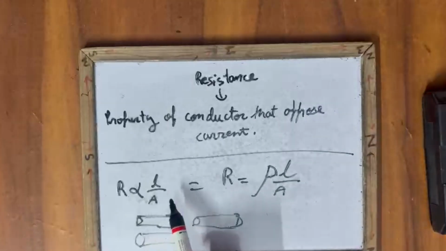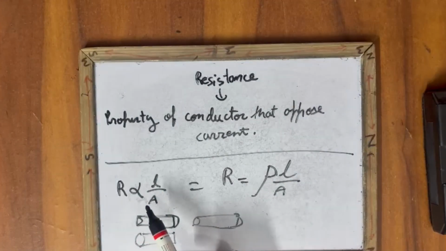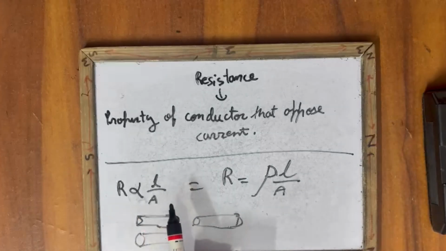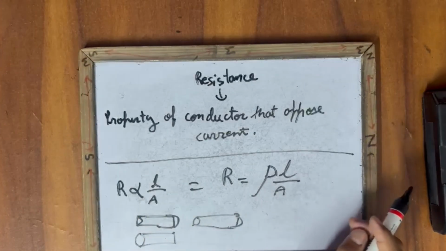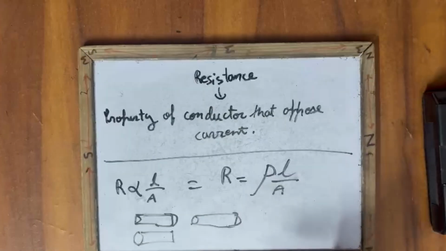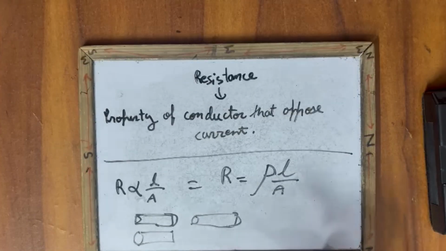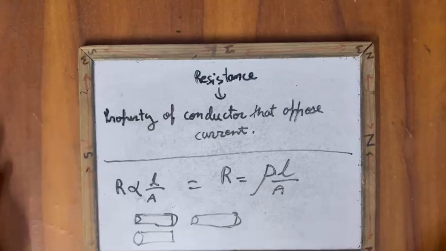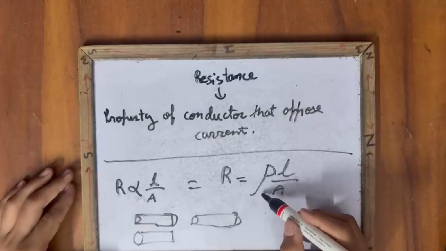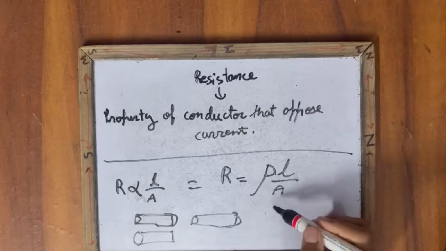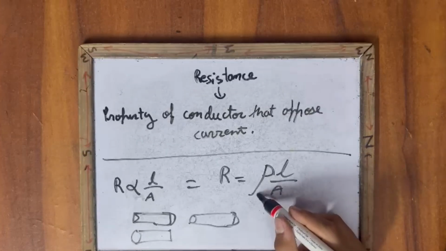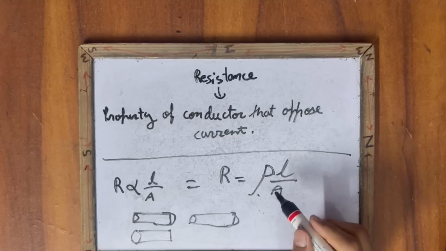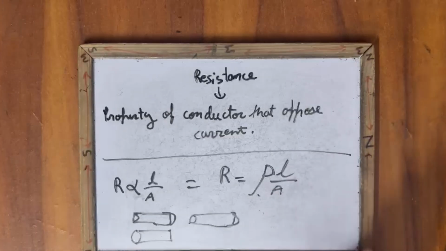So resistance R is directly proportional to L upon A, and to remove the proportionality sign we add a constant. The constant that we added is rho, which depends on the nature of the material, like at what temperature the material is, and something like that.